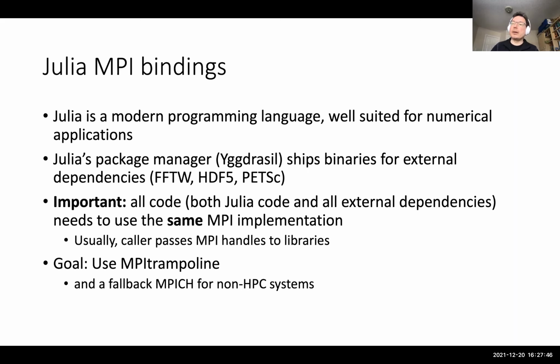And if you want to use Julia on a Cray system, then you need to support MPICH and OpenMPI and all the others. So our goal for Julia is to use MPItrampoline for that. And to make it easy, we ship with an MPICH as fallback. So if you point MPItrampoline to a system MPI, that's the one that's going to be used. And if you don't do that, if you just run on your laptop, it uses the built-in fallback. That was that about Julia.